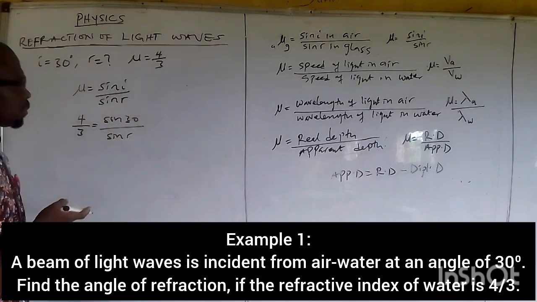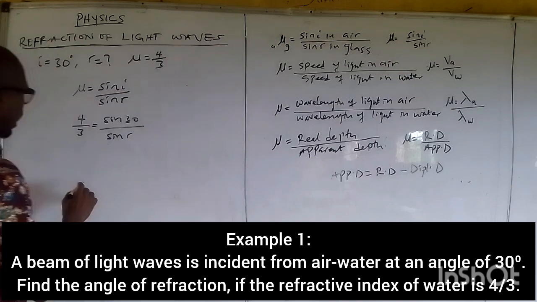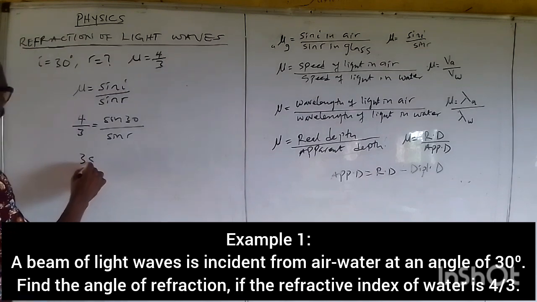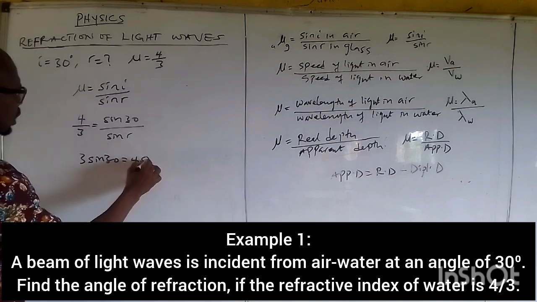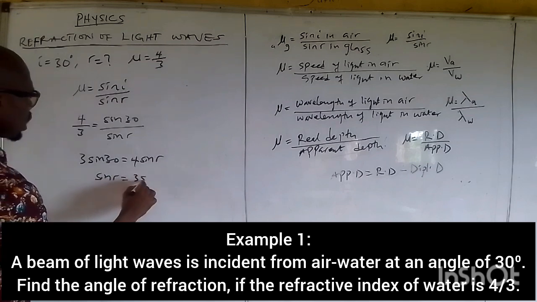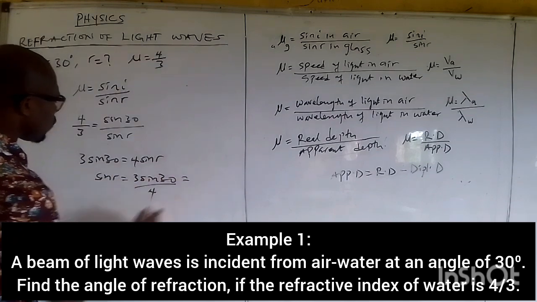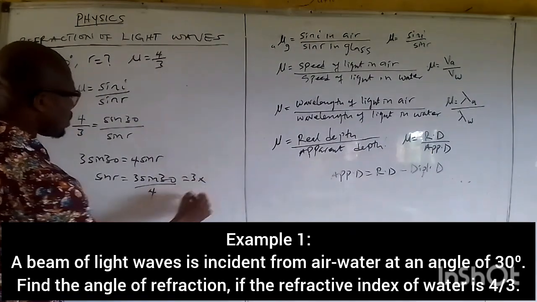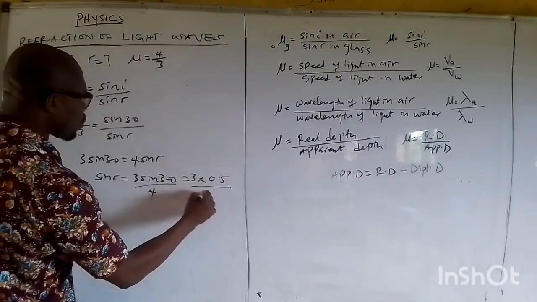Now at this point, we can cross multiply. If we cross multiply, we have 3 sine 30 is equal to 4 sine r. Now make sine r the subject: sine r is equal to 3 sine 30 all over 4, which gives us 3 times 0.5 all over 4.